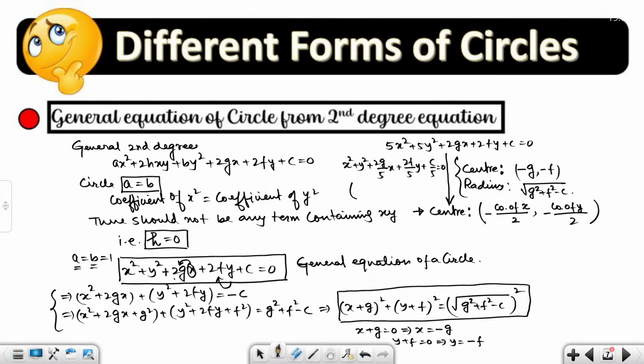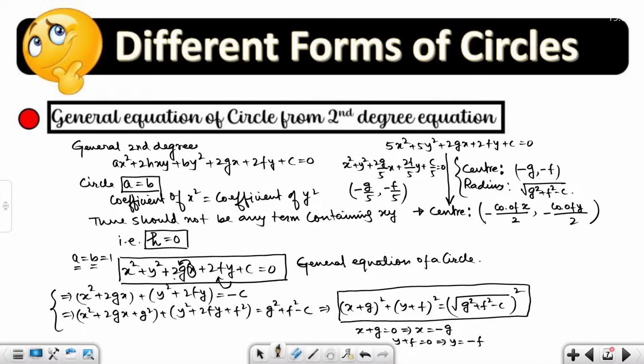Its center will be coefficient of x, that is 2g by 5, divided by 2, which gives us g by 5, and change the sign. So it will be minus g over 5. Similarly, coefficient of y, which is 2f by 5, divided by 2, which is f over 5, and change the sign. So it will give us minus f by 5.